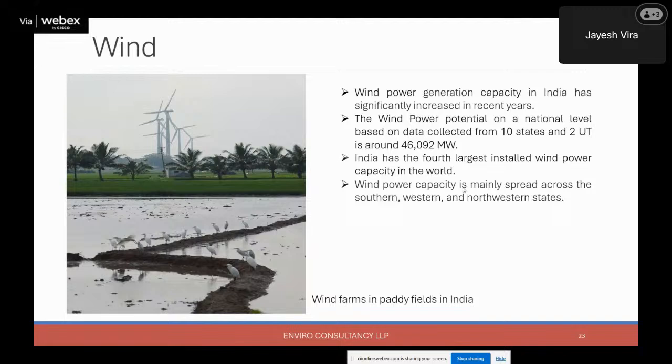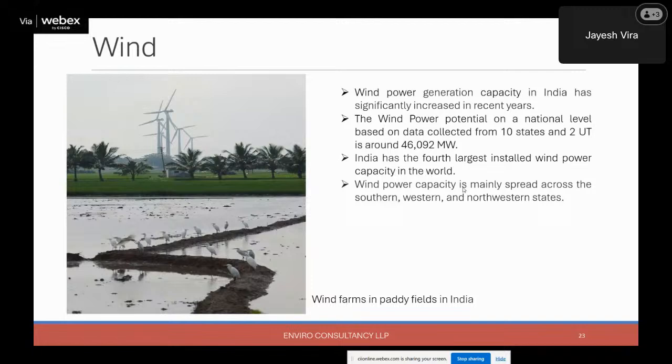The total generation has significantly increased, even though there is a limitation that the available wind speeds are there only in 10 states and 2 union territories. We are still able to put almost 46 gigawatts of windmills, which are able to generate energy.